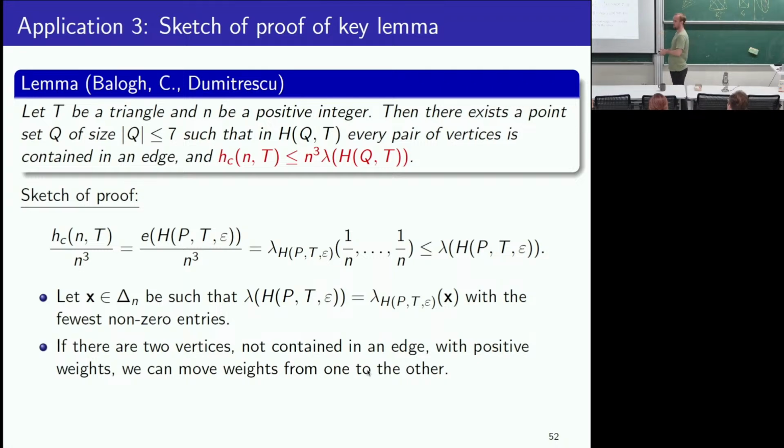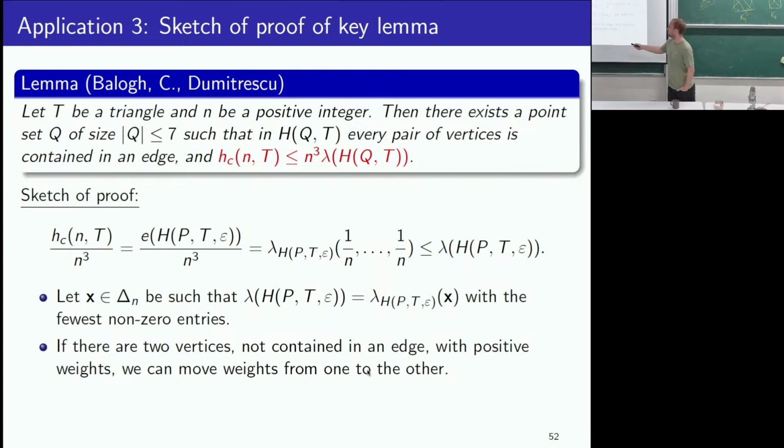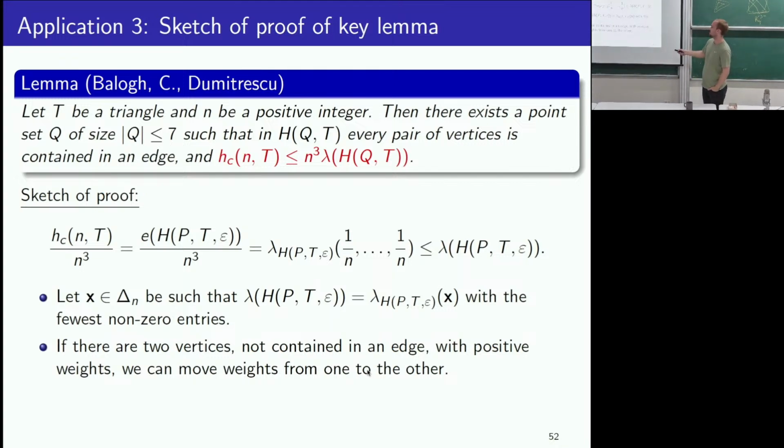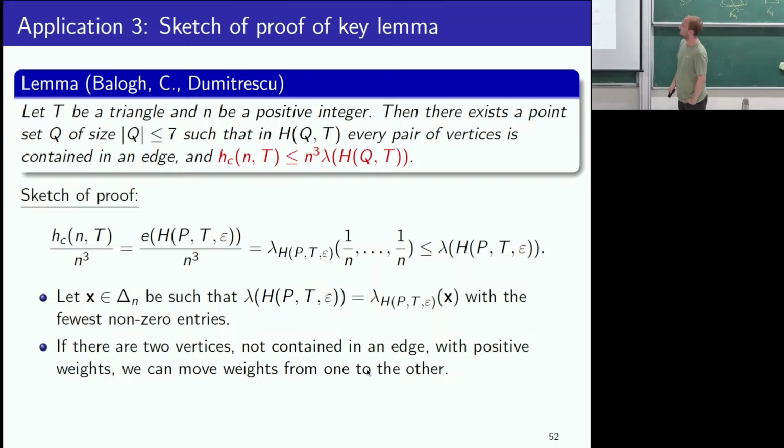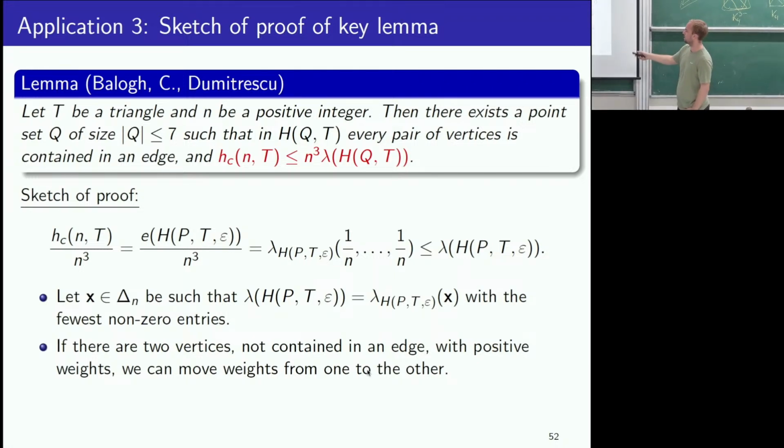I don't change the invariant, but I can get fewer non-zero entries. So this means this is not possible. So you cannot have two vertices not contained in an edge with positive weight. So this would be somewhat justifying this part here: every pair is contained in an edge. So now I need to tell you how you get this point set Q actually.